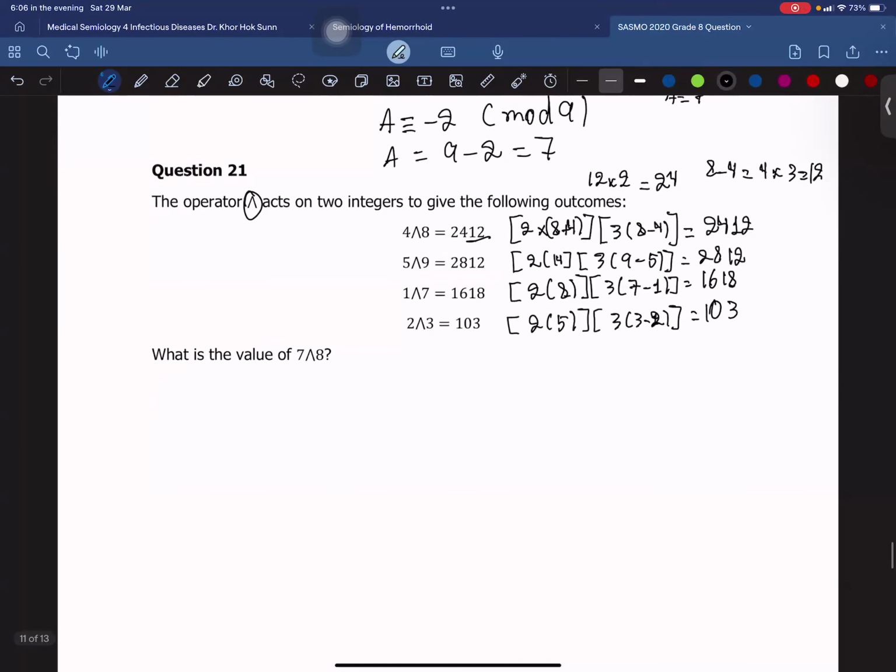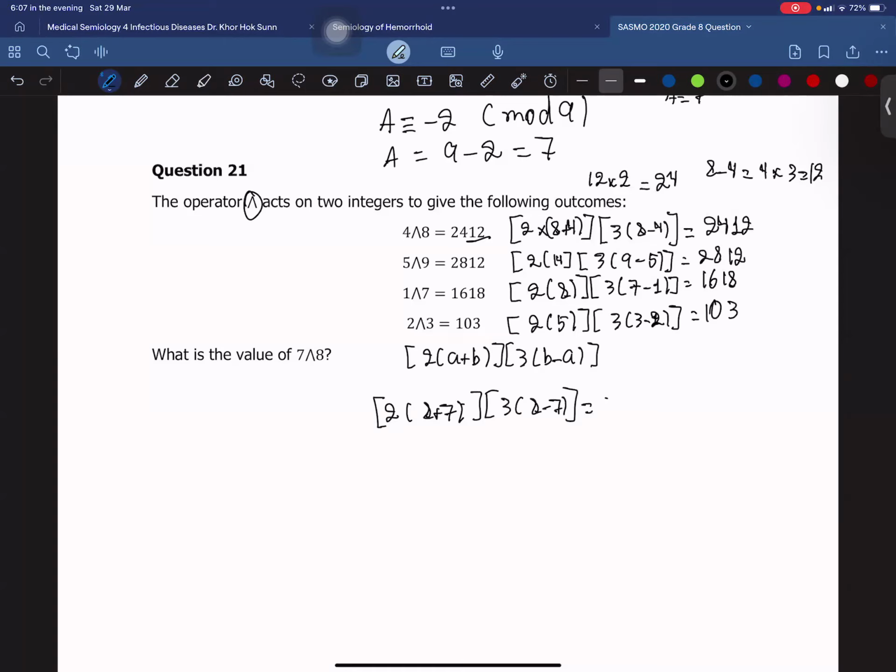So yeah, what is the operation? It's going to be 2 times (a plus b) and 3 times (b minus a). Okay, we can apply it here. So 2 times (8 plus 7), 3 times (8 minus 7).